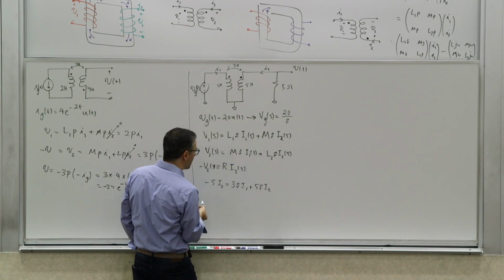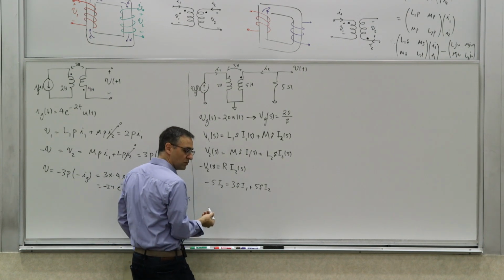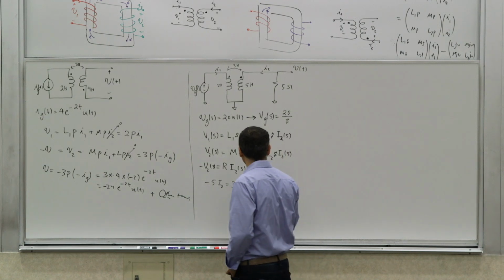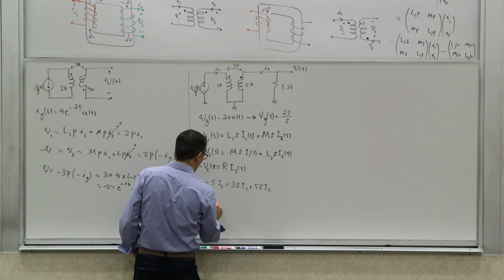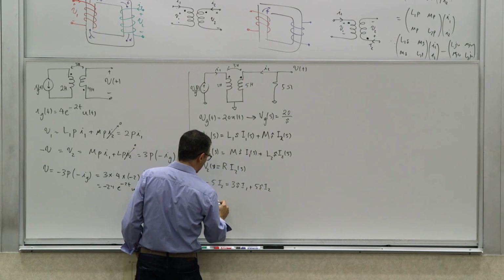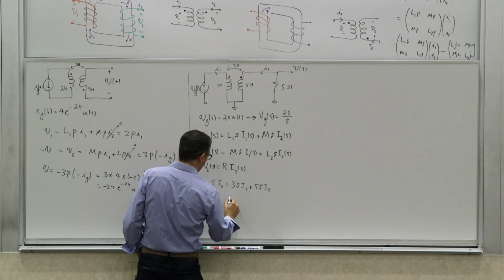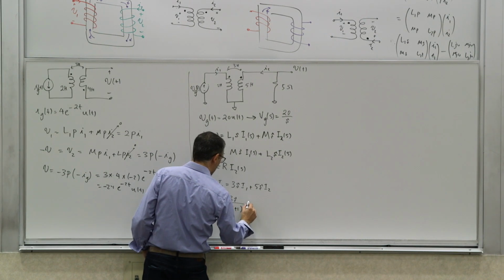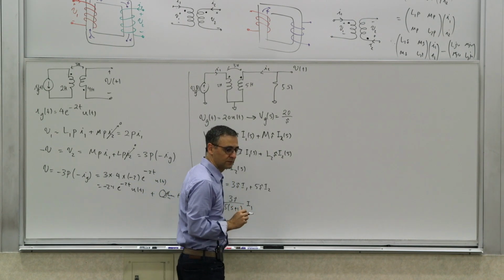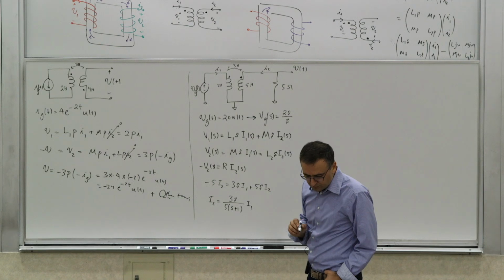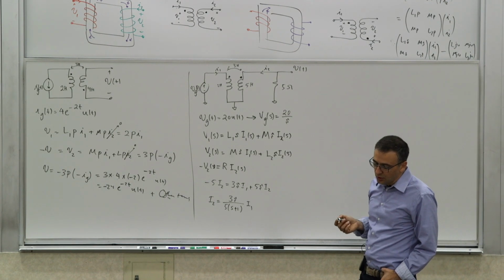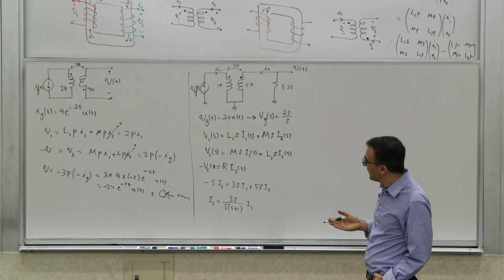So this produces a relationship between I1 and I2. So you can actually solve for one of them in terms of the other, let's say I2 in terms of I1. If you move this to the other side and factor 5, I2 would be 3S over 5S plus 1 I1, if I'm not mistaken. Yes.